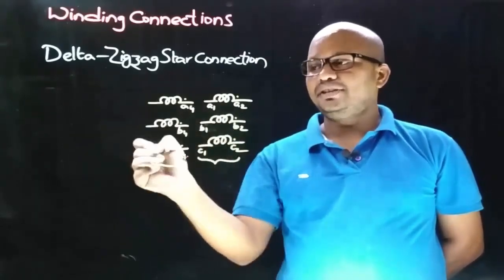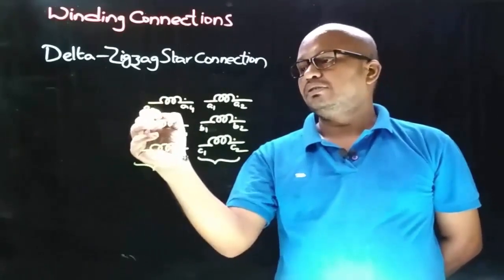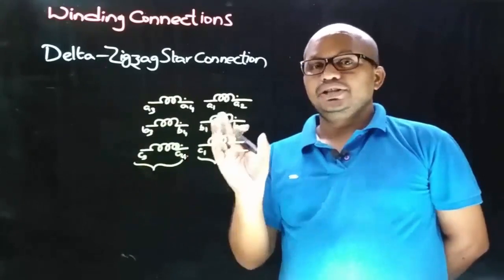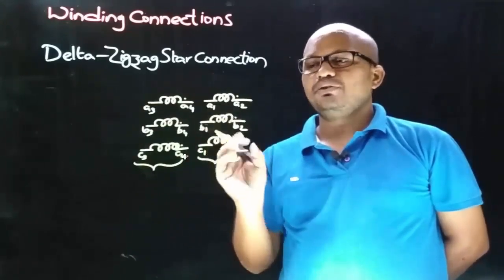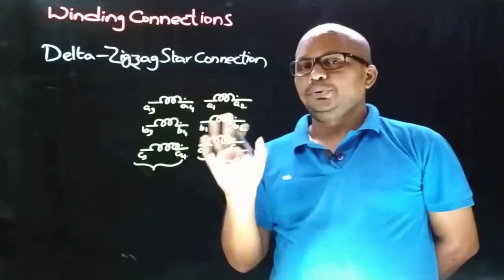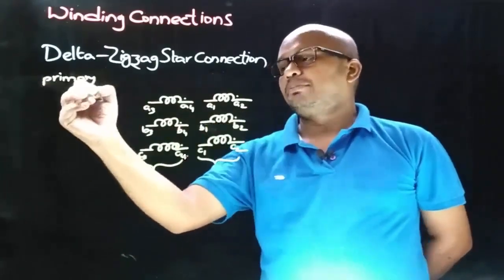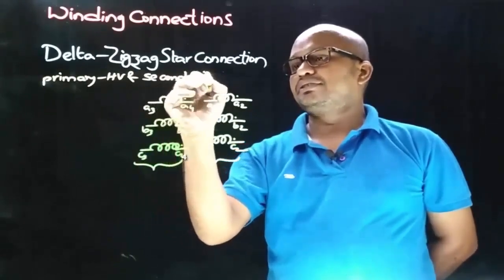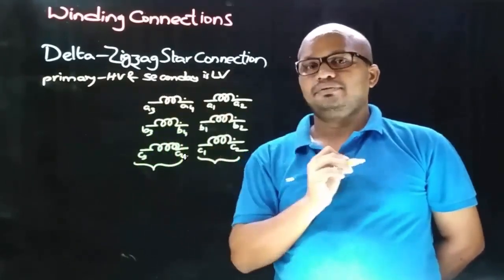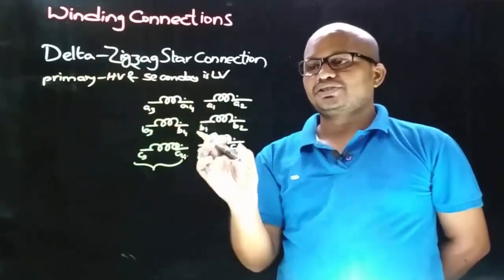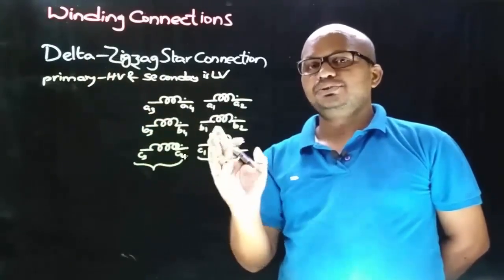And on this side of the half portion, small a3, small b3 and small c3. Here the notations are in small case because we consider the zigzag star connection on the LV side. To avoid confusion, let's assume that primary is HV and secondary is LV.